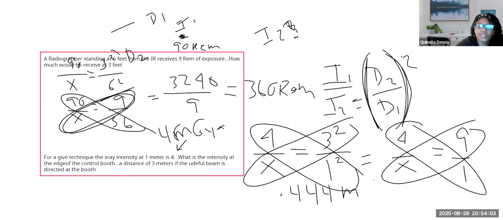So we need to isolate the x, so it's 4 divided by 9, and that gives you that number right there.